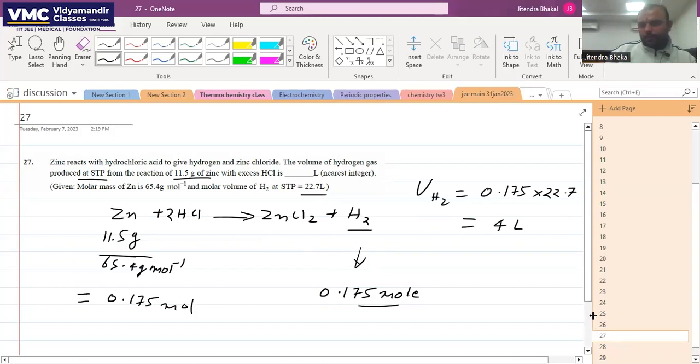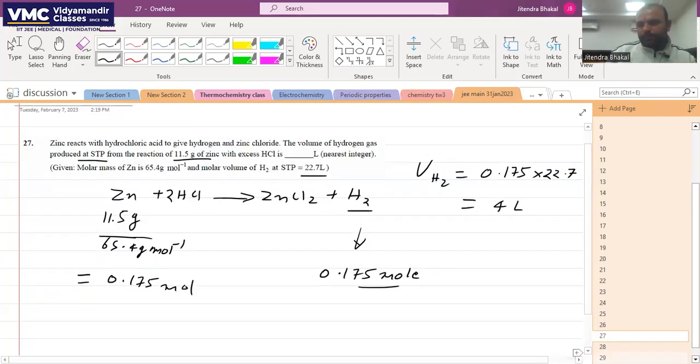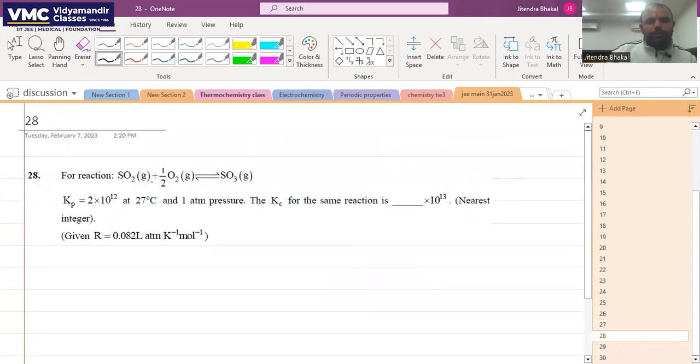Next, question number 28. Now, for the reaction SO2 plus half O2 to SO3, Kp is given at 1 atm pressure. We need to calculate Kc for the same reaction.